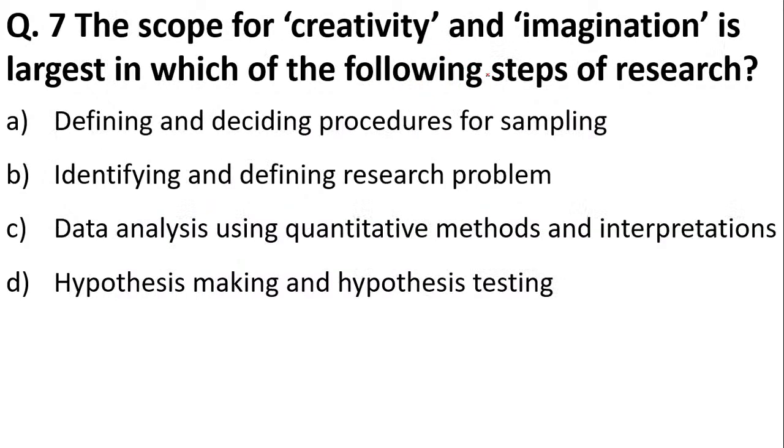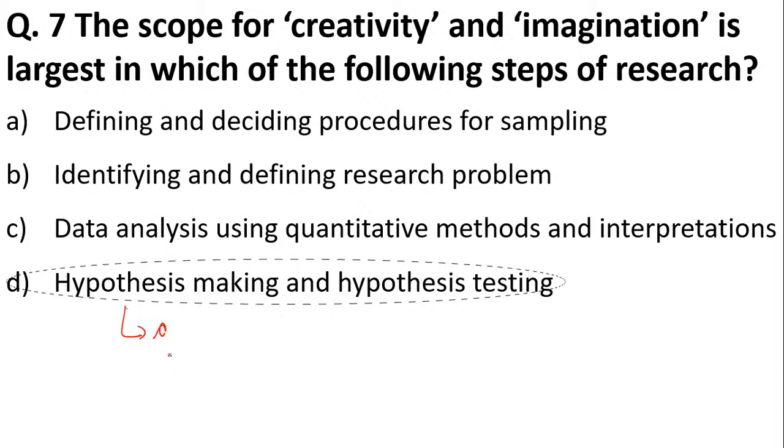The scope of creativity and imagination is largest in which of the following steps of research? So in which of the following steps is this creativity and imagination largest? It is in hypothesis making and hypothesis testing. Because see, what is a hypothesis?